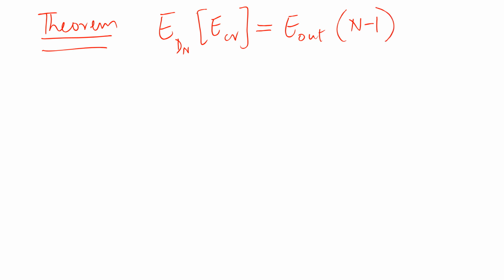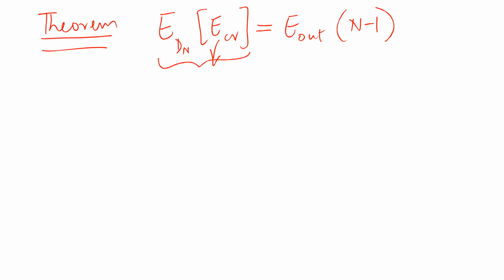Now notice why there is this n minus 1 coming in there. Basically what we're saying is that the expected value of ECV is exactly E out n minus 1. This is true because for each individual validation error we are getting the average of each individual error. So this ECV is the unbiased estimate of E out n minus 1.